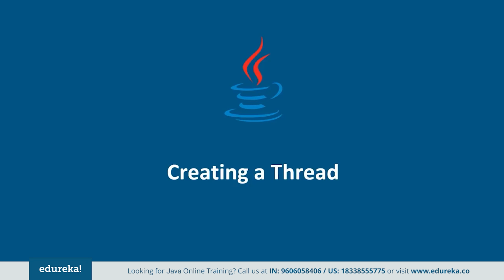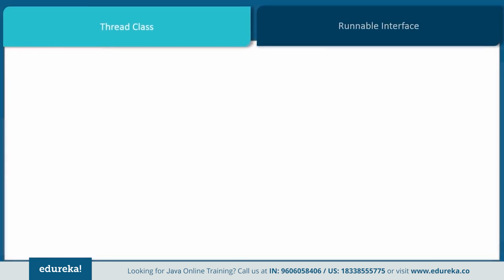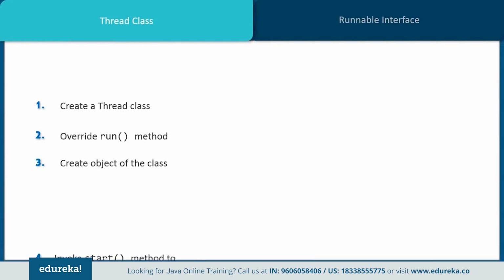So how do we create a thread? We have two different ways. Either we extend from Thread or we implement the Runnable interface. Having a thread class, we just say extends Thread: any class name extends Thread.